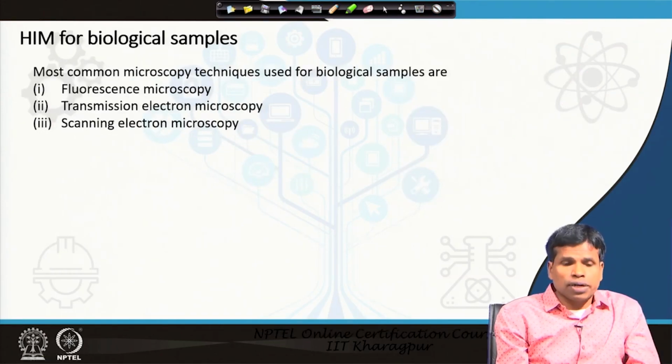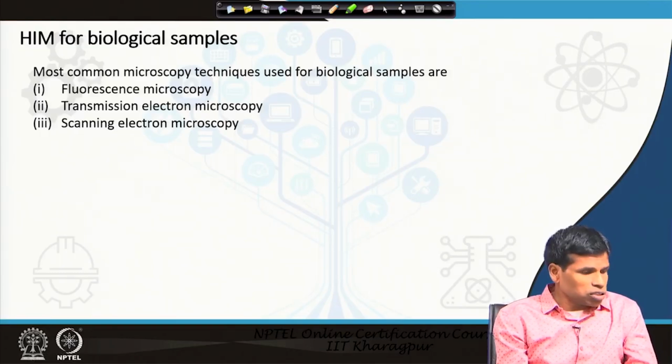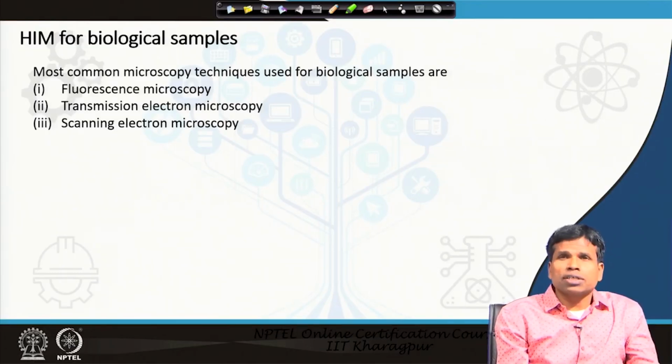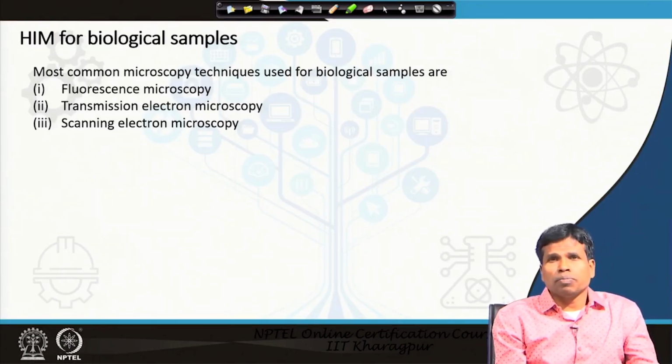We can also take advantage of the helium ion microscope for biological samples. Normally biological samples are studied by three microscopic techniques. One is the fluorescence microscopic technique and the other is the electron microscopic technique.